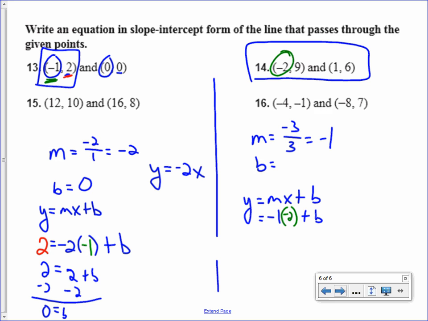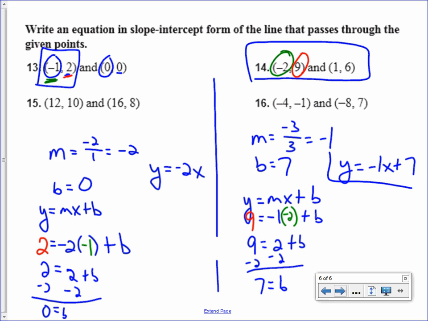I know that the y value is 9. So if I work through the algebra here, I'd get 9 equals +2 plus b, minus the 2 off, and you get b is equal to 7. So our equation would be y equals -1x plus 7.